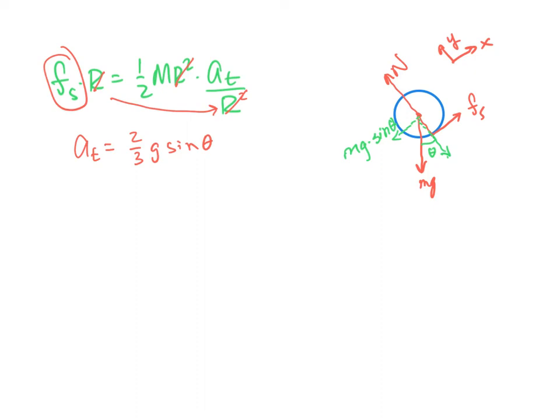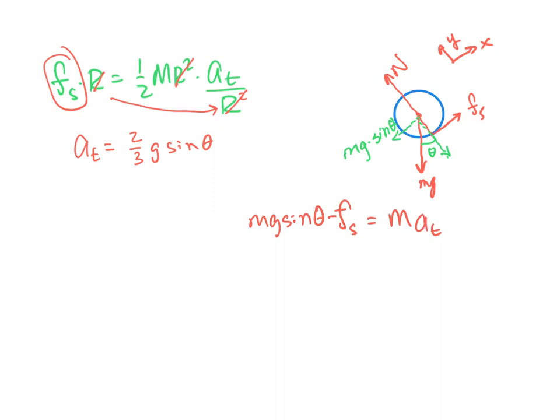I guess I should write it this way: mg sine theta minus Fs equals mass times the tangential acceleration of the object.